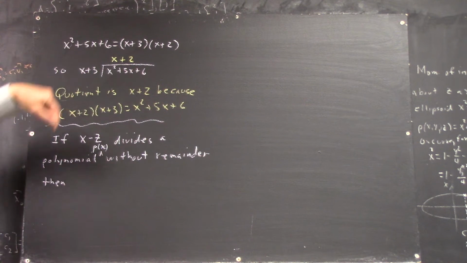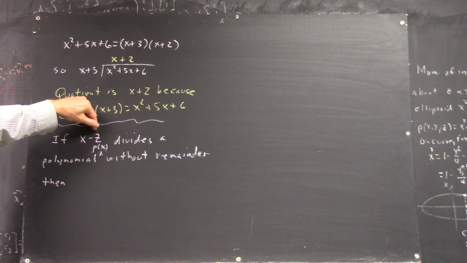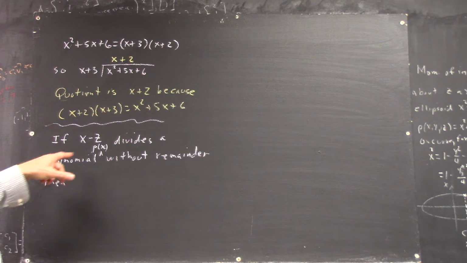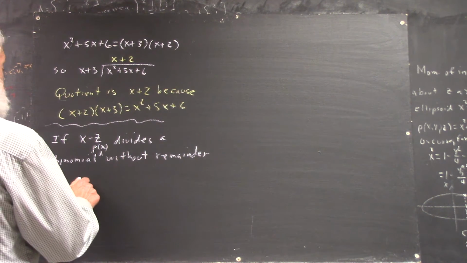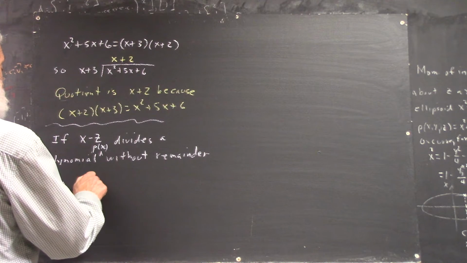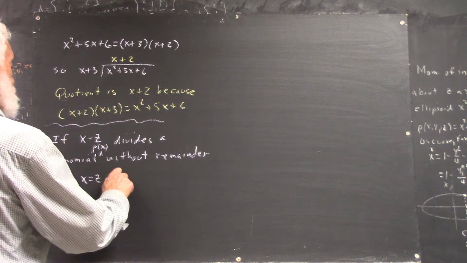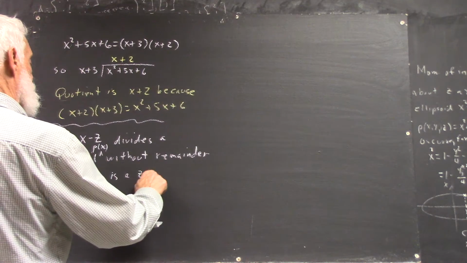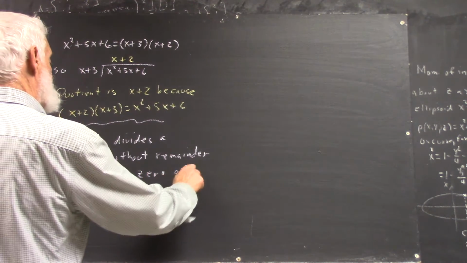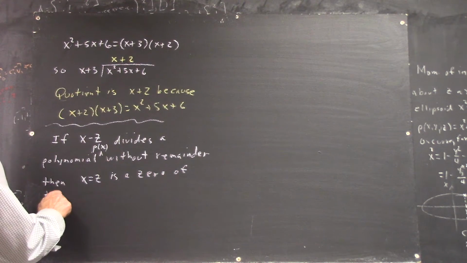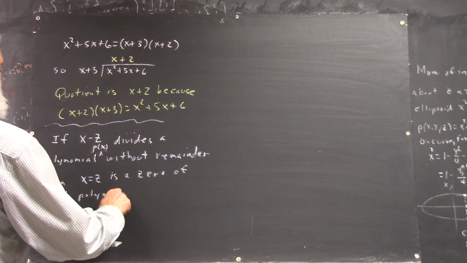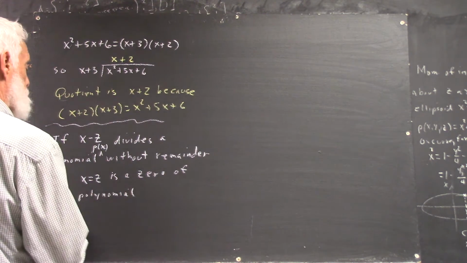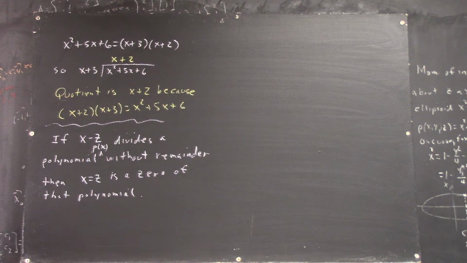Okay? So now I'm saying if x minus z divides a polynomial p of x without remainder, then x equals z is a 0 of that polynomial. Okay?